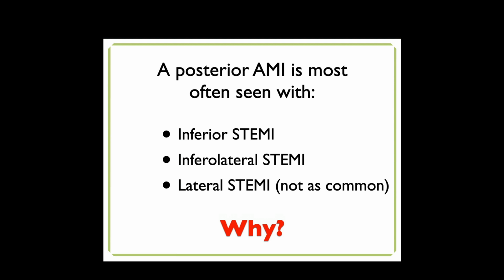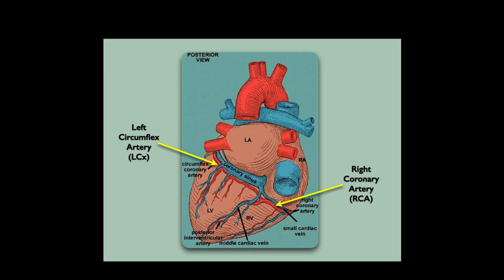So if we look at the right coronary artery and left circumflex, they both circle around the back. Okay, and this is the back. This is the posterior wall. You can see it, and they drop down.